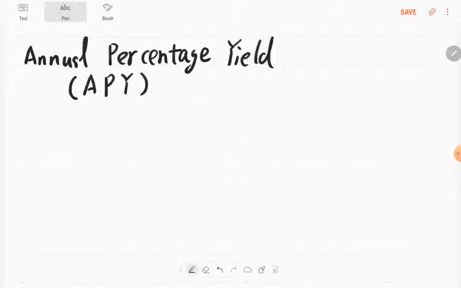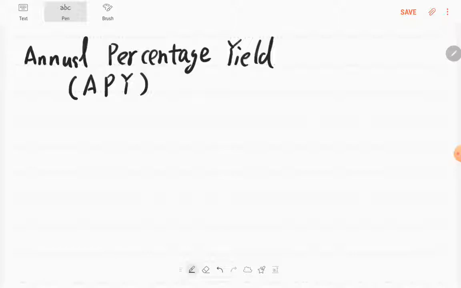For the APY, we use it as an equivalent annual rate in the simple interest formula to get a future money which is equal to the future money from the compound interest formula. So this is the basic idea.